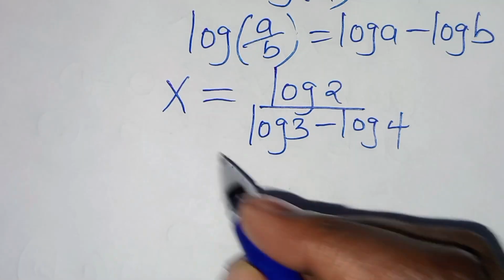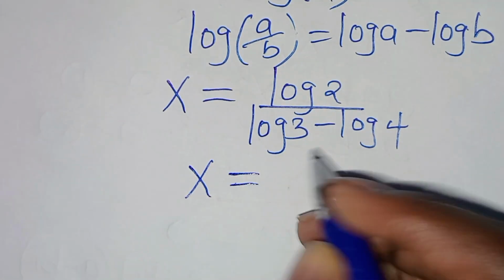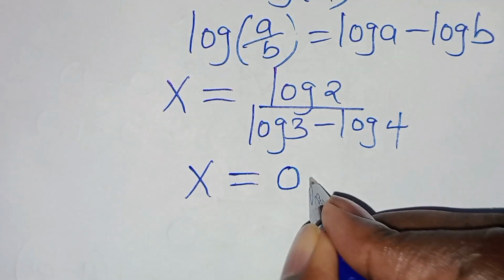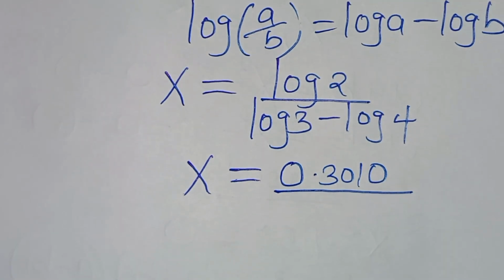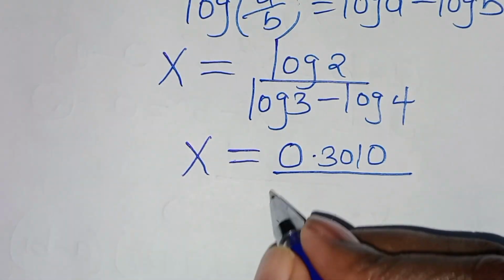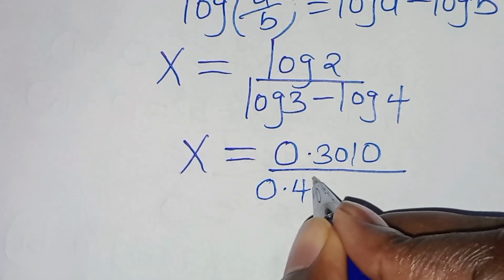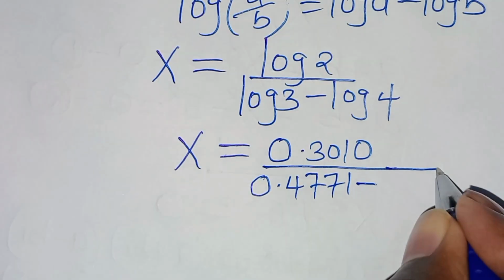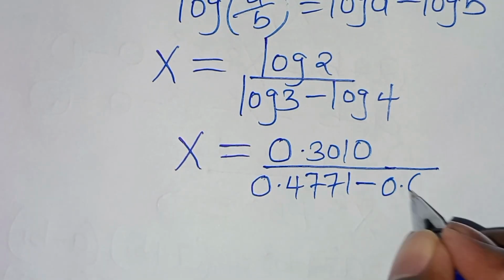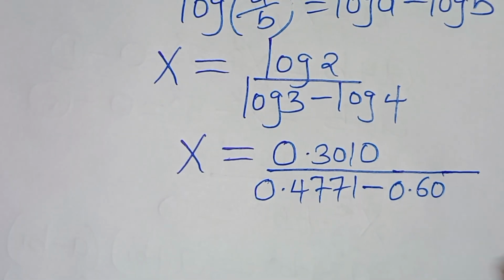So you find that log 2 is equal to 0.3010, divided by log 3, which is actually 0.4771, subtract log 4, which is actually 0.6021.